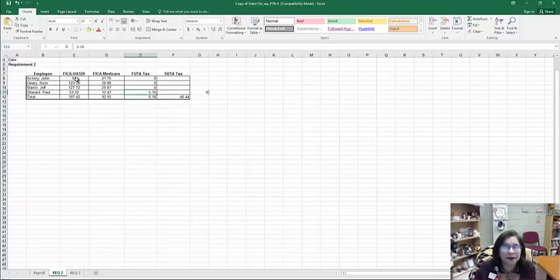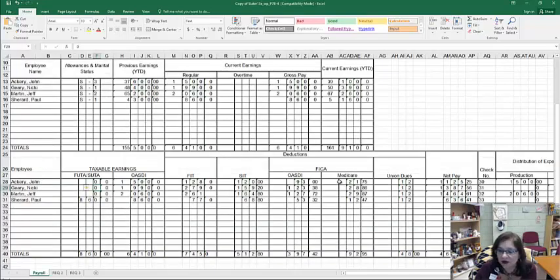Notice we're taking the information of the FICA and the Medicare that we figured out from here, from payroll for each one. Now, the only one that has the FUTA and SUTA is, again, Sherrod Paul.